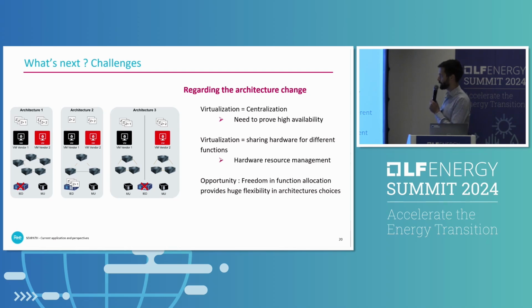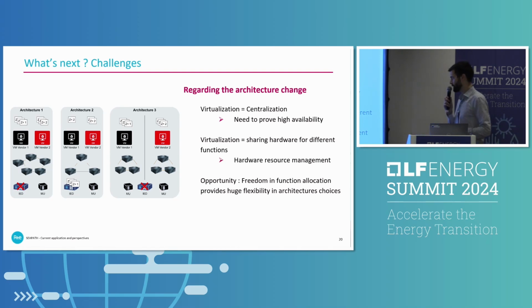Now, regarding the architecture, the good thing with virtualization is that we can do whatever we want. It's much more flexible. For example, we can have a five-node cluster. That's architecture 1. And in this cluster, you can have two different virtual machines, one for the main protection, Z under one, and the other one for the backup.